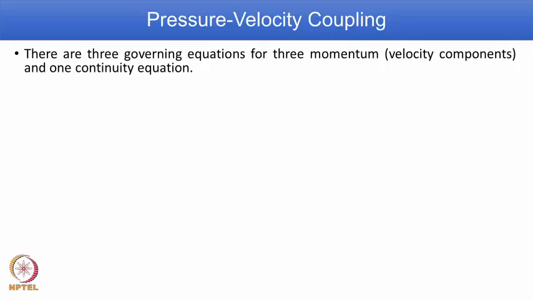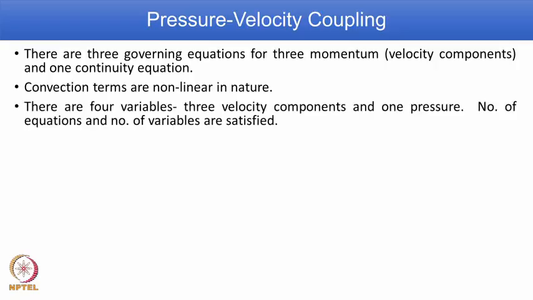This is the minimum requirement for any fluid flow calculations. In each governing equation for momentum, there is a convection term, and we repeated many times before, convection terms are nonlinear in nature. In total, there are 4 variables, that is 3 velocity components and 1 pressure. So, number of equations equal to number of variables is satisfied.